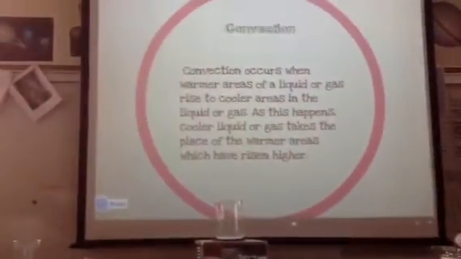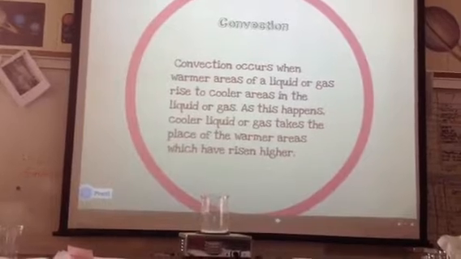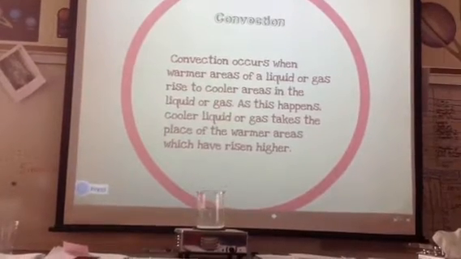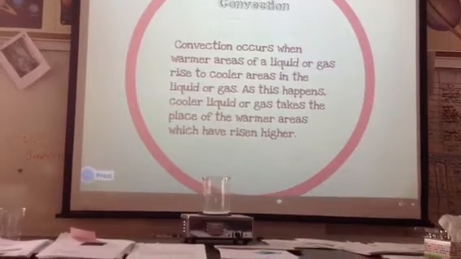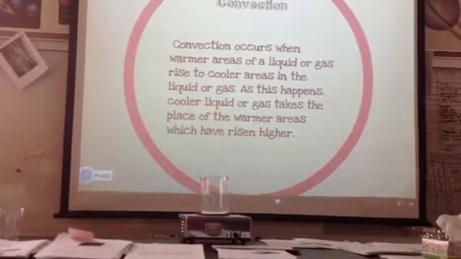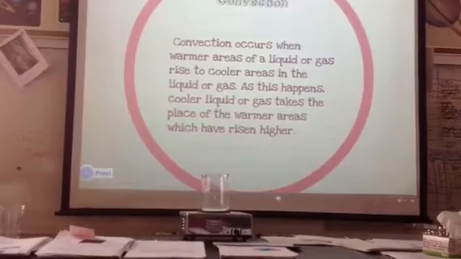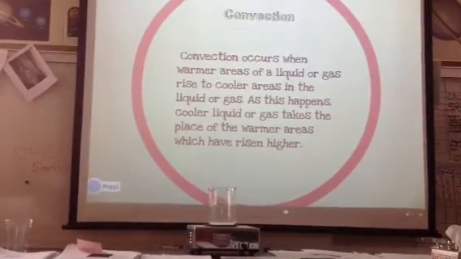And then convection is the heat transfer in liquids and gases. When you turn on the stove, or when you turn on a fireplace, when you boil water, the steam rises and it'll cool and come back down, and this process will continue.